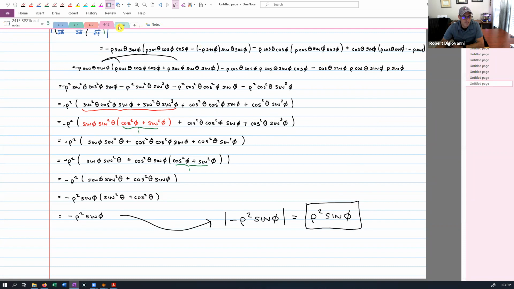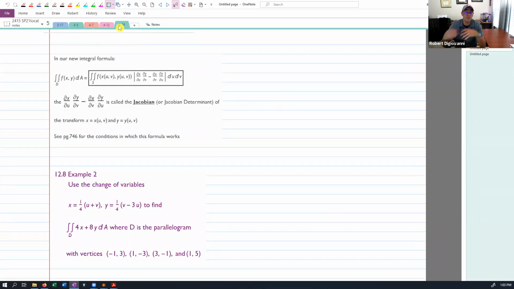So I'm moving on. We're going to do now our first example of this, showing a problem where we're going to use this idea of changing variables. And I think we'll see as we set this problem up why it would be useful to do this.